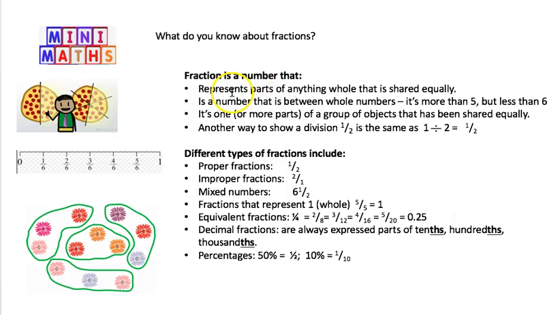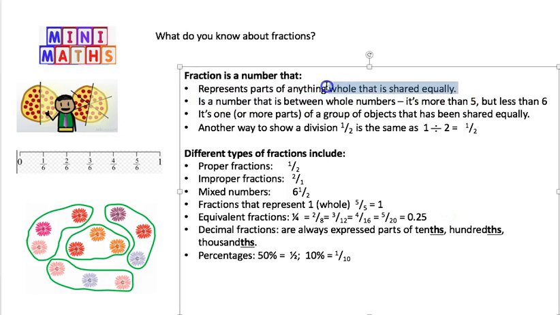A fraction represents a part of anything whole that is shared equally. A fraction is a number between whole numbers. It will be more than 5 but less than 6. A fraction is one or more parts of a group of objects that has been shared equally. That idea is connected to your tables.